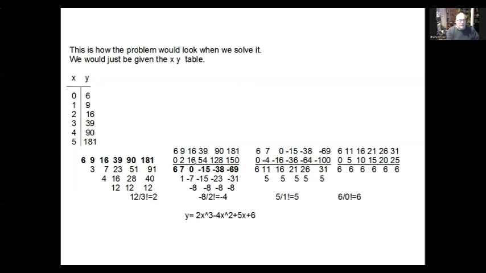So I'm subtracting out these terms, they are the cube term. So 1 cubed was 1 times 2. 2 cubed is 8 times 2 is 16. 3 cubed is 27 times 2 is 54. So I'm subtracting out the x cubed there. And this gives me these numbers here.